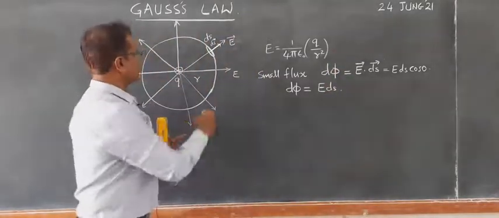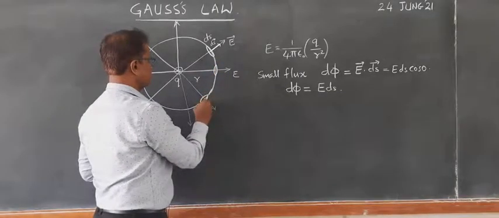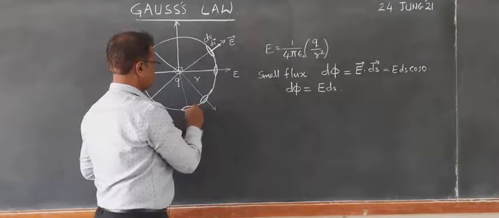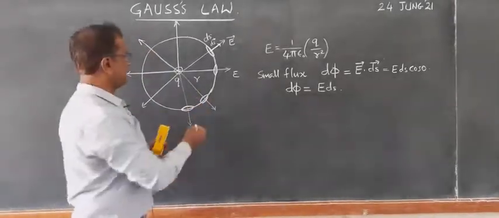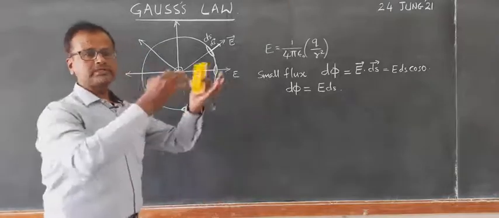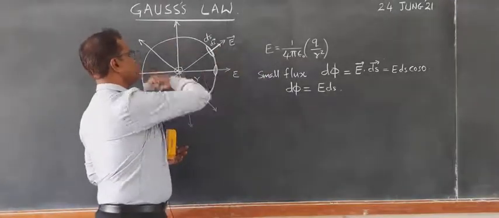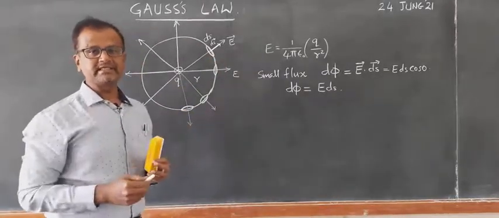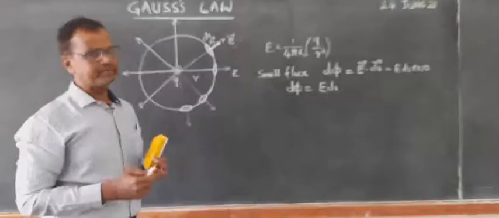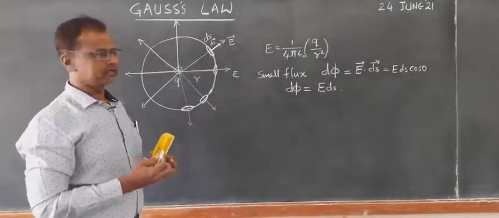Like that I can divide this entire spherical surface into innumerable small areas ds, and then add all such small flux from one end to another end throughout the surface. We will get the surface integral of electric field, and thus we will be able to calculate the total electric flux.